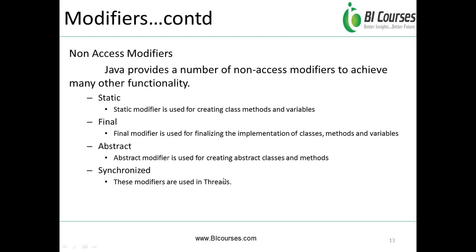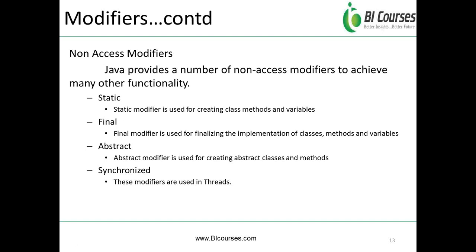Next one, non-access modifiers. Java provides a number of non-access modifiers to achieve many other functionalities, like declaring constants. For declaring constants we'll use static and final keywords. So these are the access modifiers and non-access modifiers. We have four different types of non-access modifiers. The static modifier is used for creating class methods and variables.